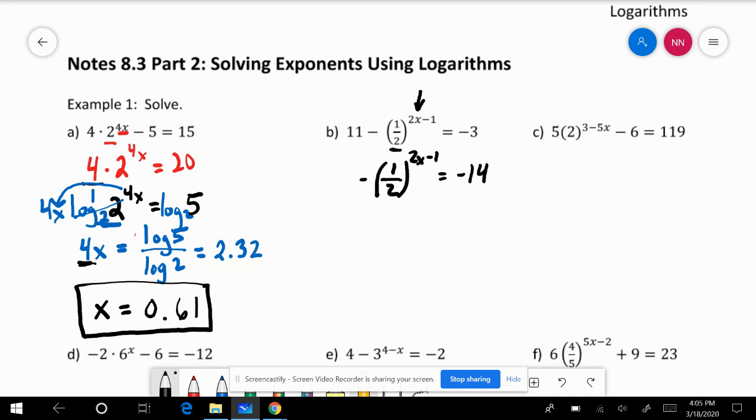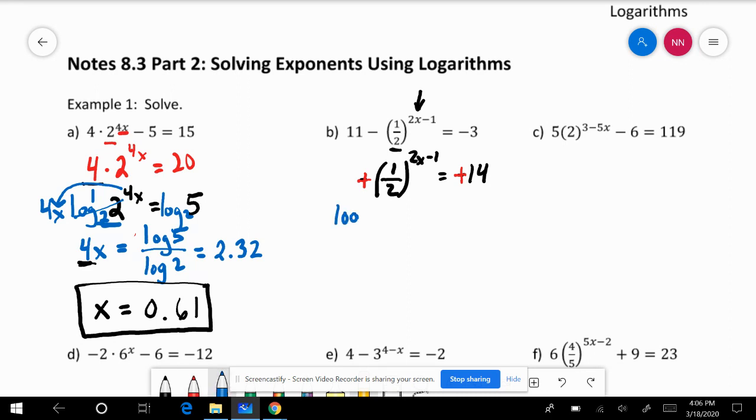Notice that both sides are negatives, so we multiply or divide by a negative, and that makes both of them positive. Now we can get rid of the base number by taking the log of whatever the base number is.